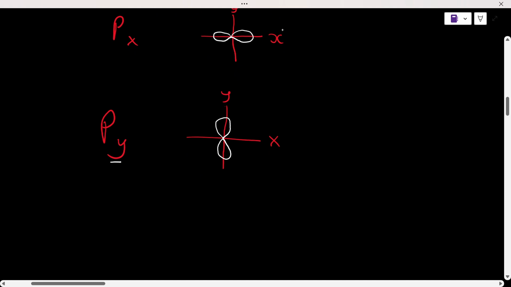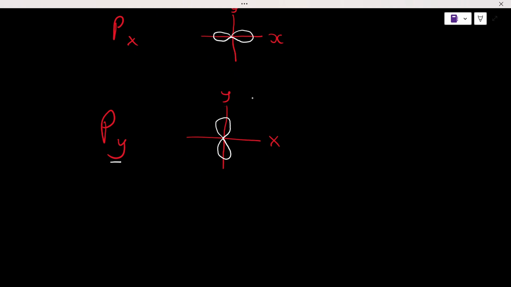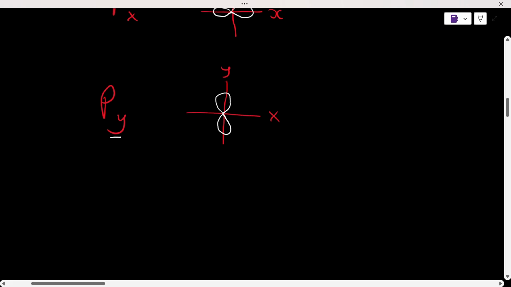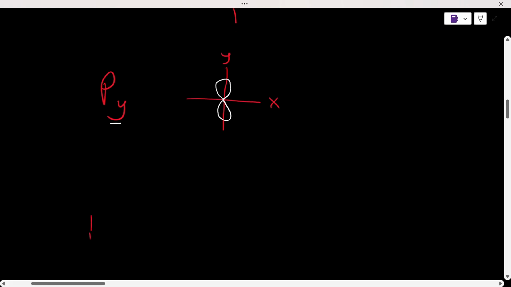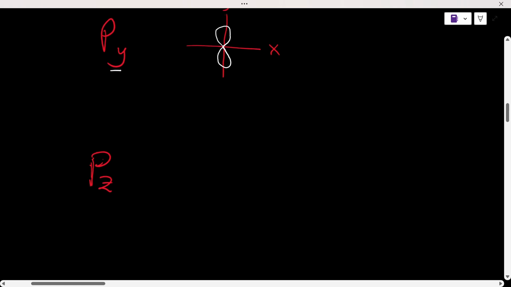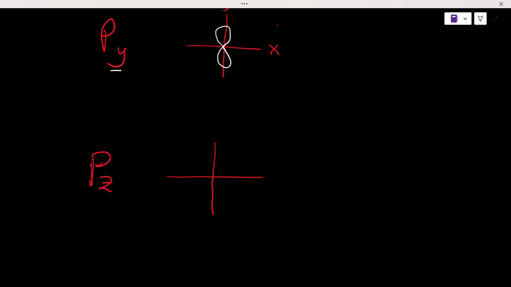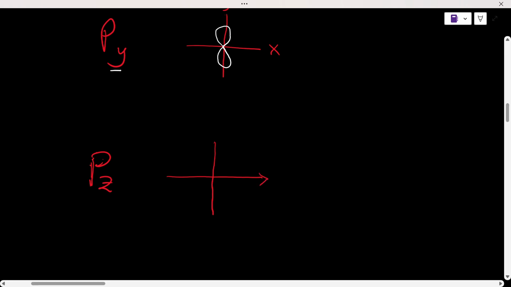Next is a pz. It's called z, and the same is going to happen. I'm going to draw a Cartesian plane. This is my y, this is my x, and z is going to be along that line.